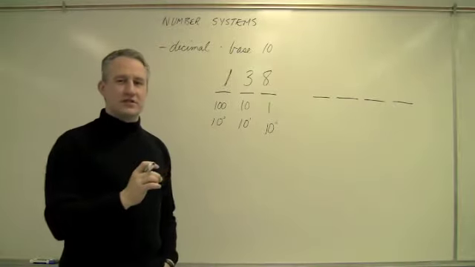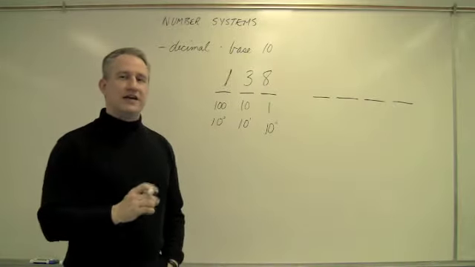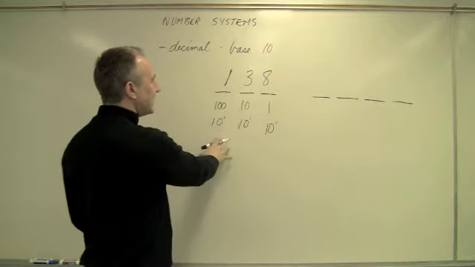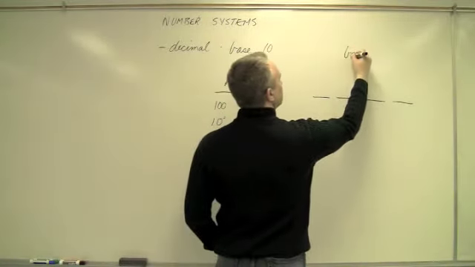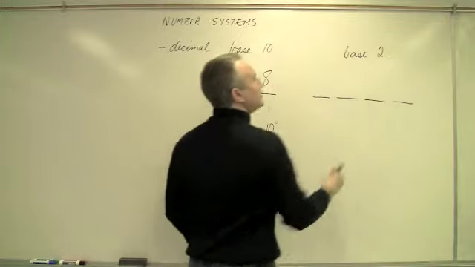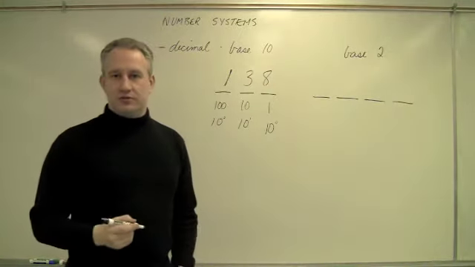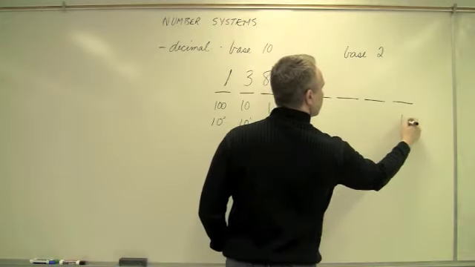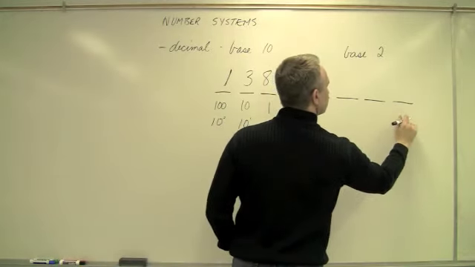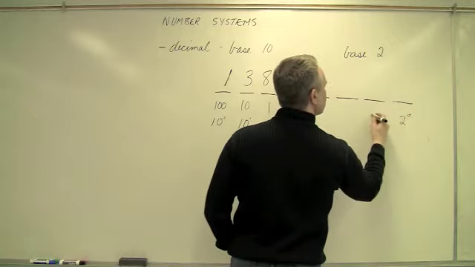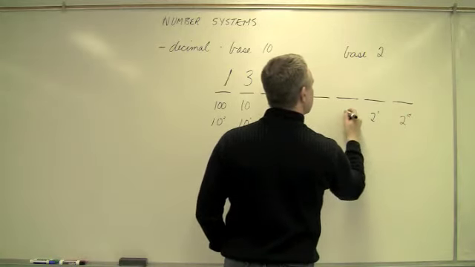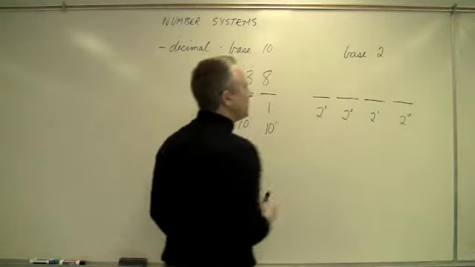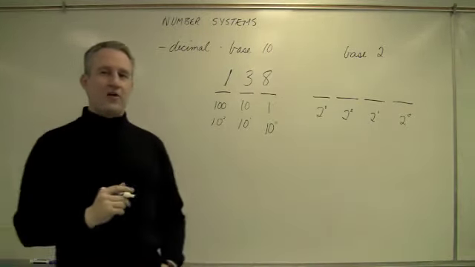The only difference is instead of 10 to some exponent, it's 2 to some exponent, because now, instead of base 10, binary is base 2. So we can write that out in that way.